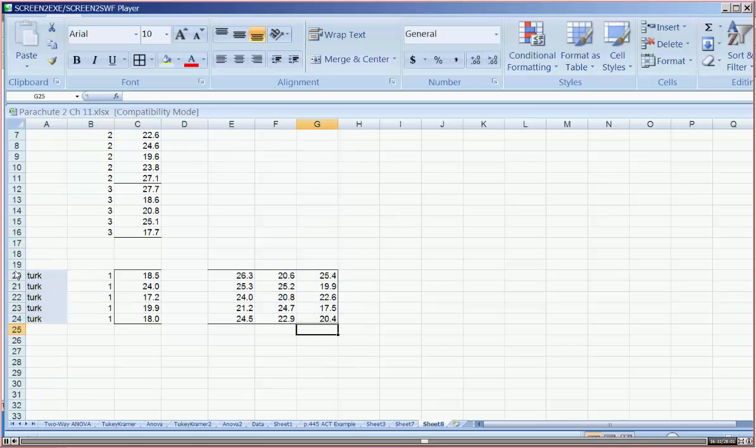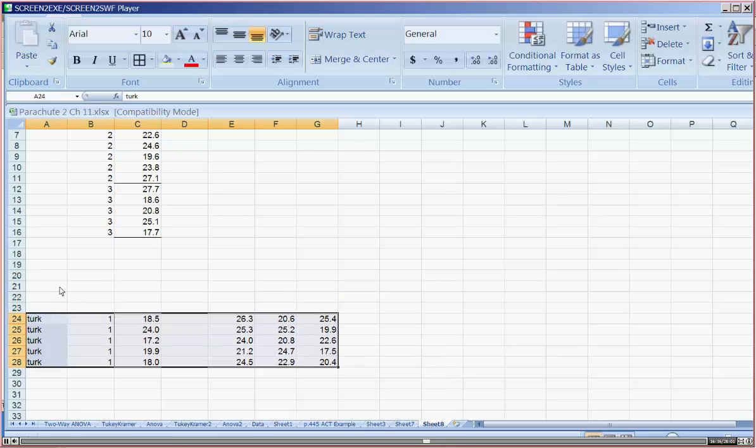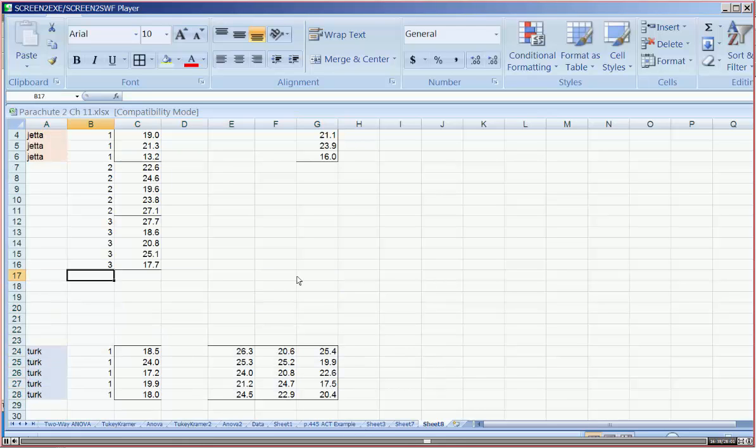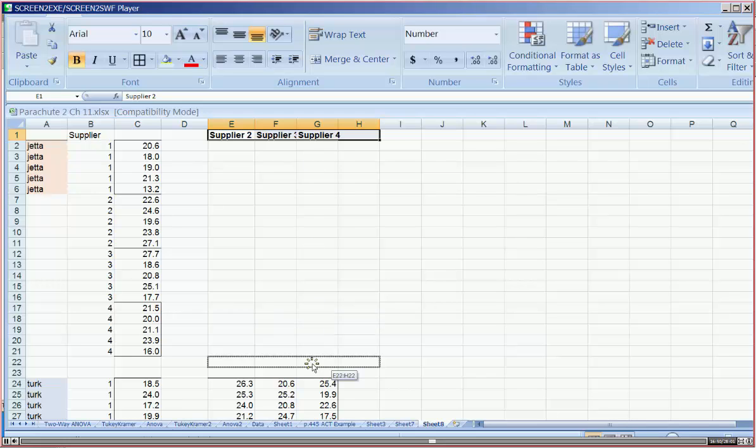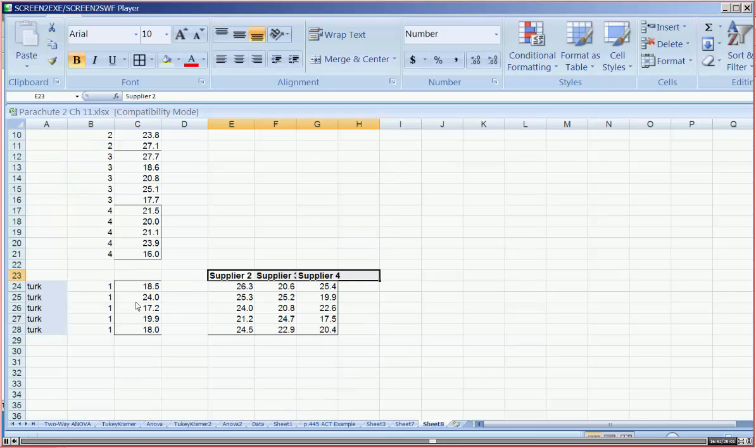And we have to make some room for supplier 4. And let's just put this in front of our eyes for the other loom.